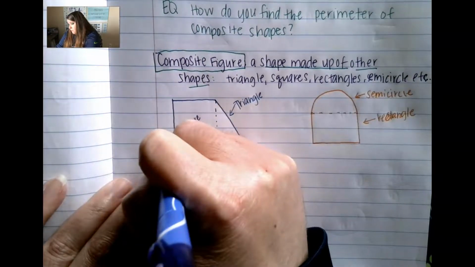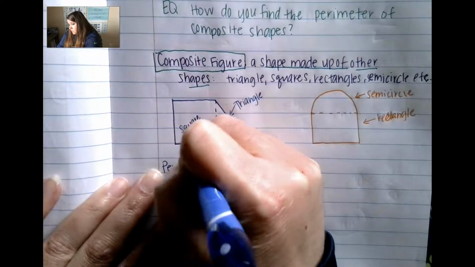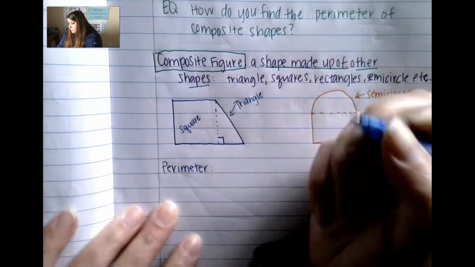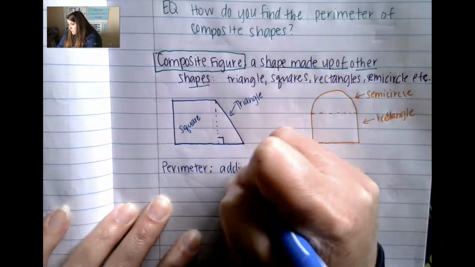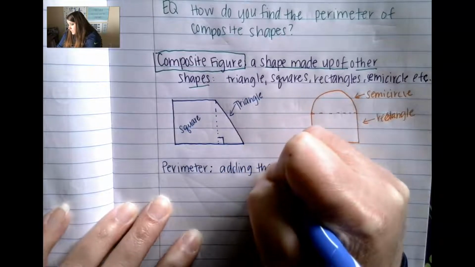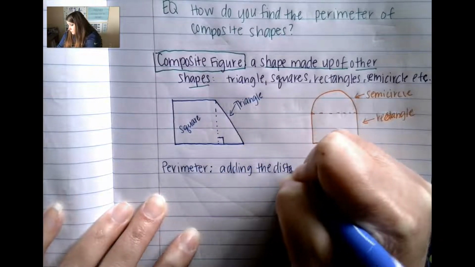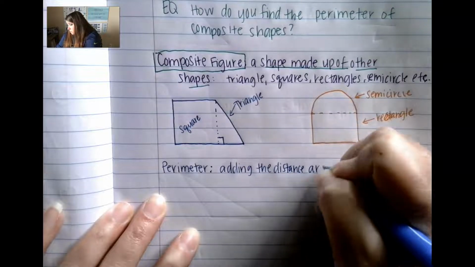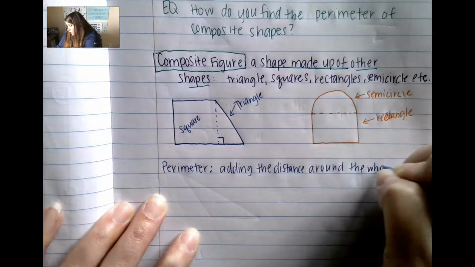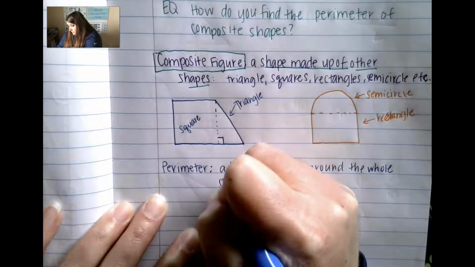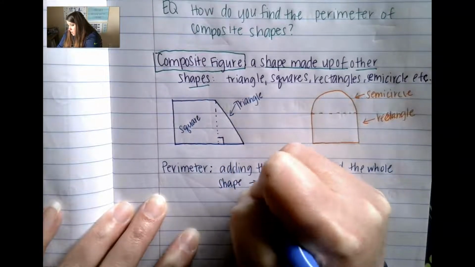So when we're looking for perimeter of a composite shape, we are adding the distance around the whole shape, okay?